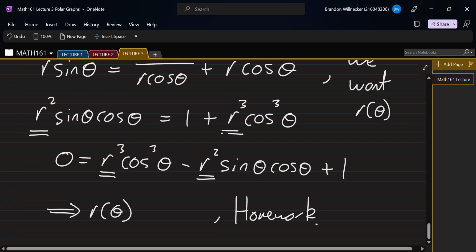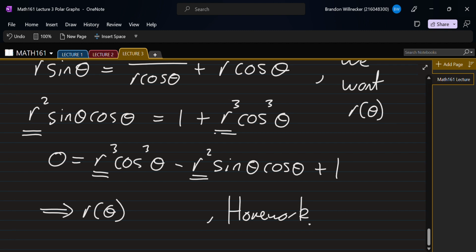Okay, so there's more questions in the tutorial going both ways. So you'll be either given an equation in Cartesian coordinates and you want to convert into polar, or you're given polar form and you want to convert to Cartesian. So here we started off with Cartesian and we wanted to go to polar.